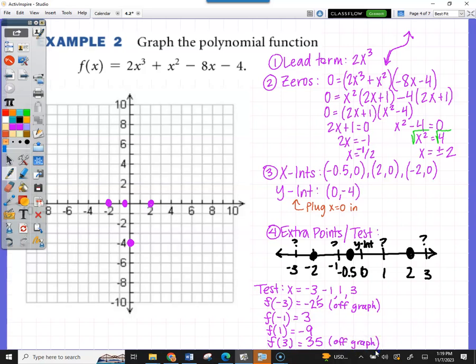So as you're doing the test points, you may come across points on the outside that you cannot plot because the graph doesn't go that far. That's okay. That just gives you an idea of how steep the line would be to shoot in that direction. So now we're ready to put it together.